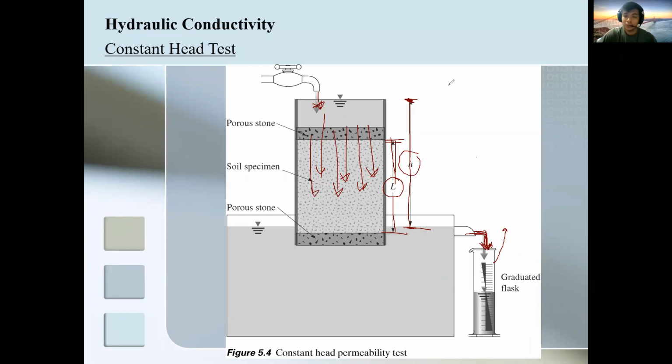So if you're going to calculate the discharge, I mean the hydraulic conductivity, since the point of this test is to determine the hydraulic conductivity, your discharge Q is equal to the discharge velocity times the area, right?